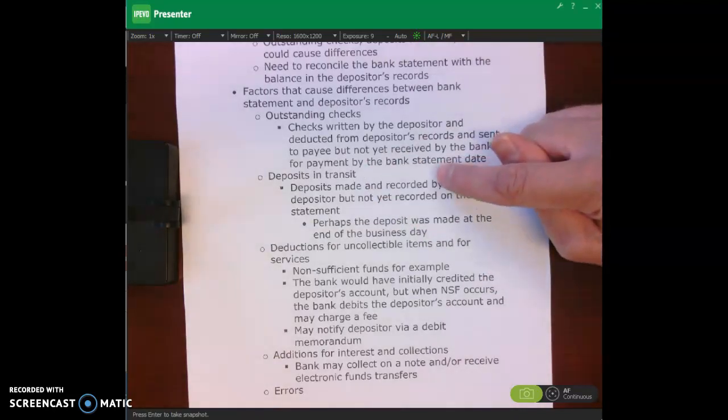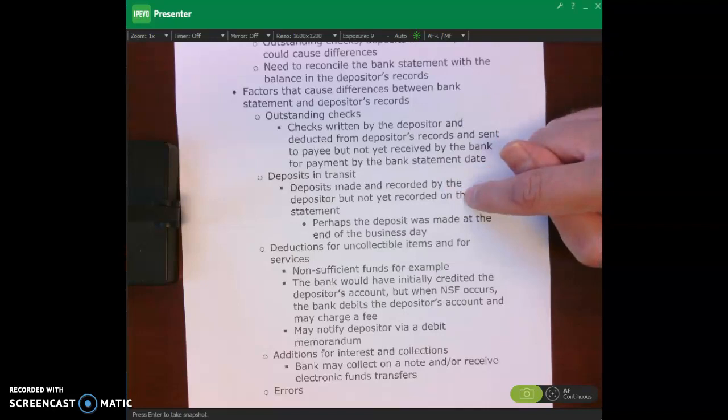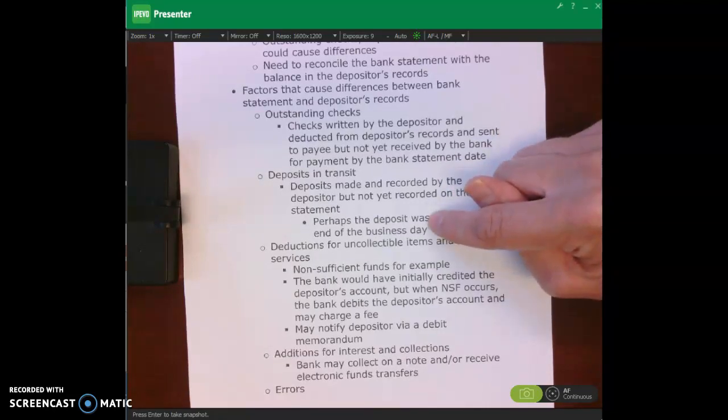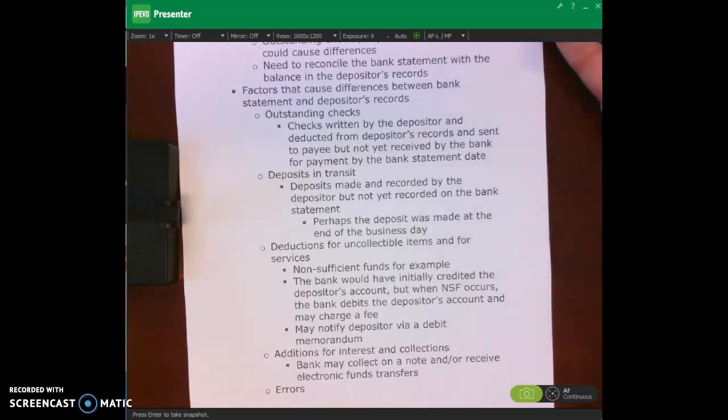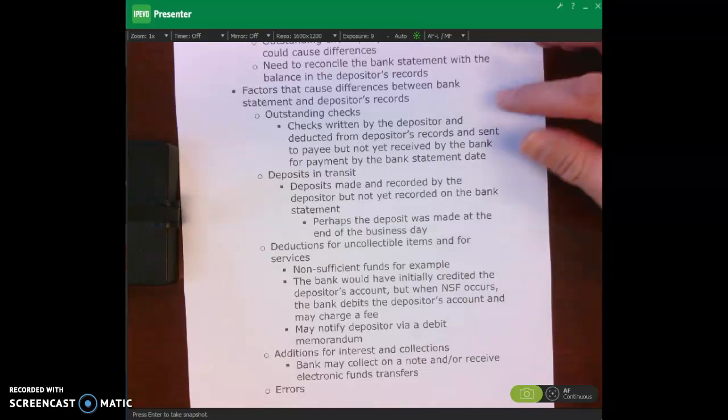We can have a deposit that we've made, so we've recorded that in our general ledger, but it doesn't show up yet on the bank statement. Maybe that deposit was made at the end of the business day, so we debited cash. Our general ledger shows cash going up, but it's not yet reflected in the bank statement. So it's a timing difference.